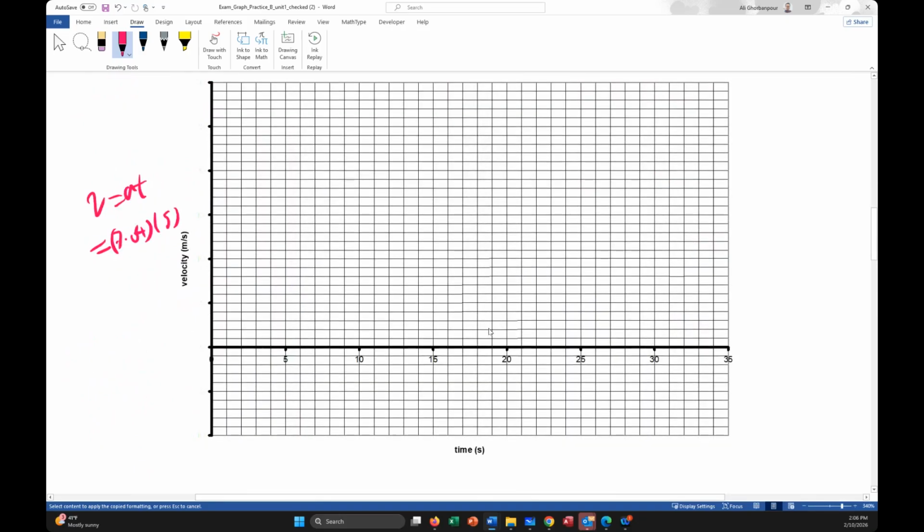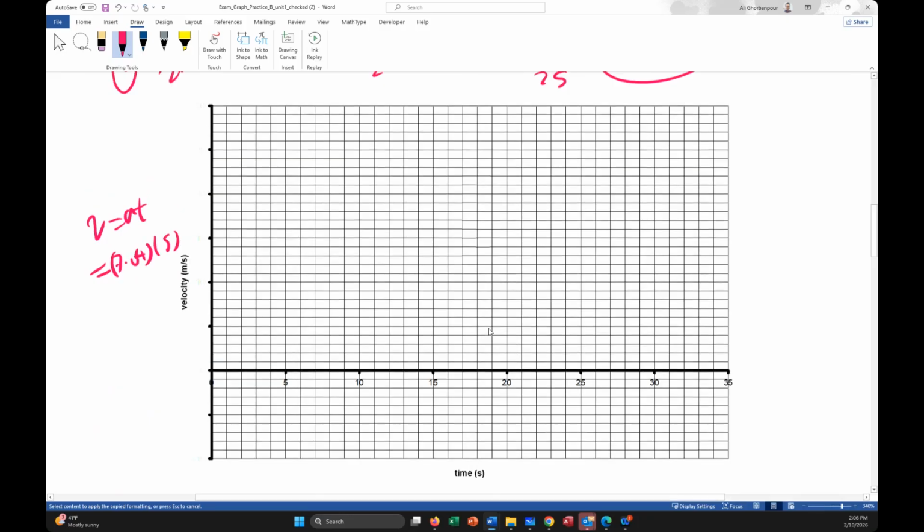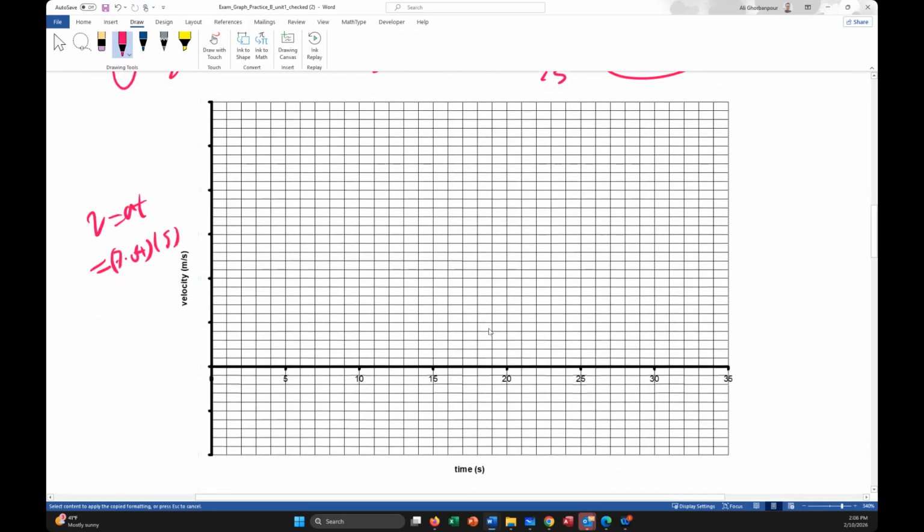What would be the velocity? 35.2. Let's say this is 10, this is 20, this is 30, this is 40. 35 is going to be in the middle, for the first 5 seconds.